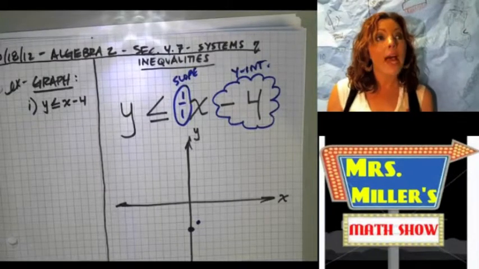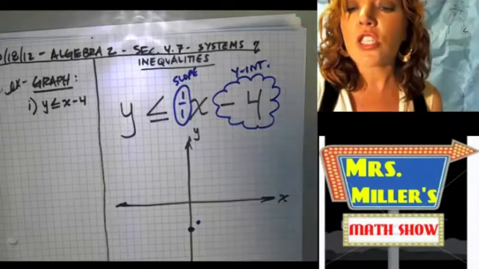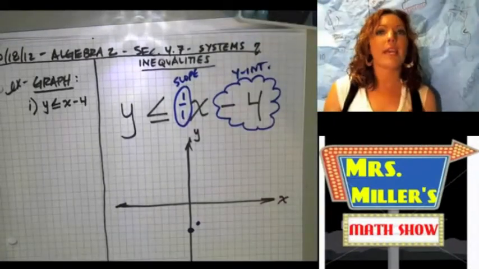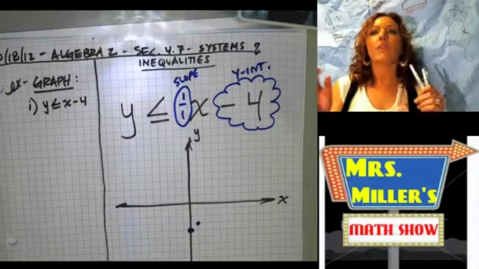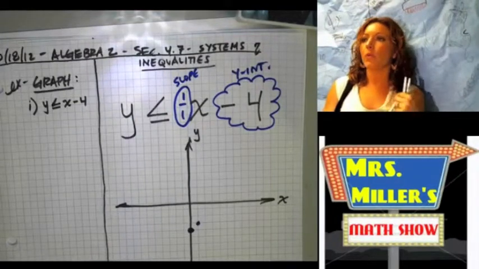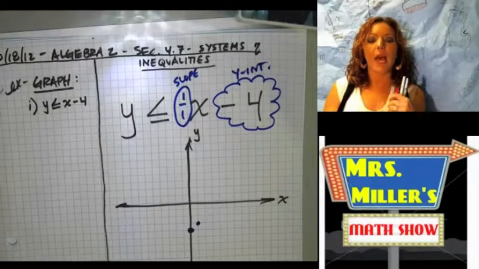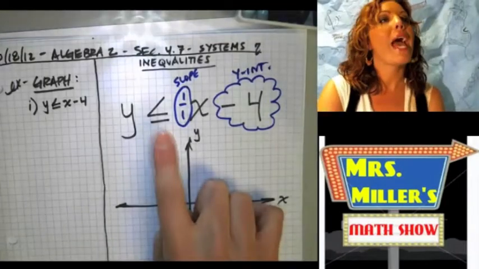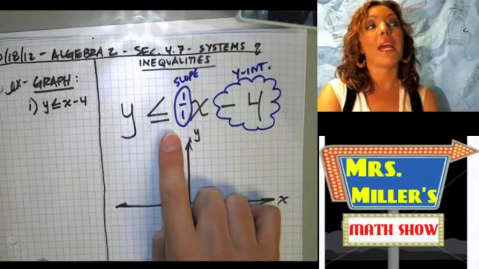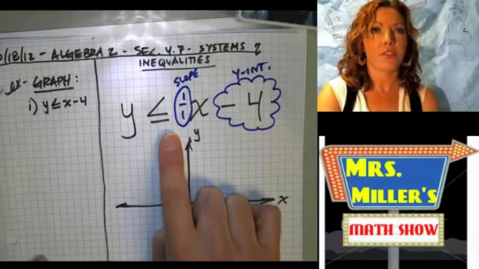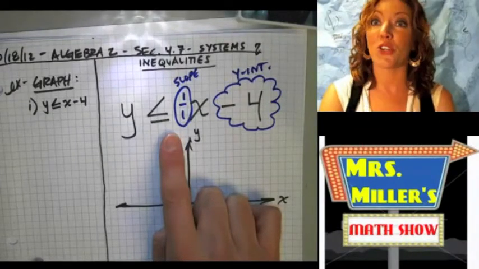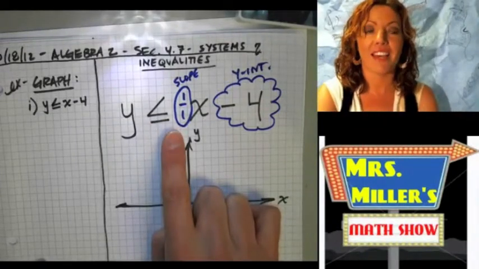Okay, next thing. Clap if you remember when we were shading inequalities, and if you had less than or equal to, we had a choice between a closed circle and an open circle. Clap if you remember that.